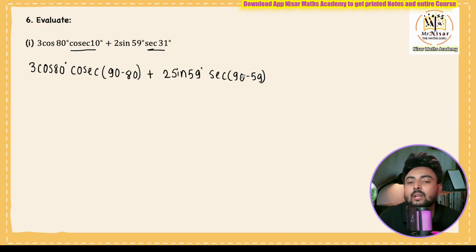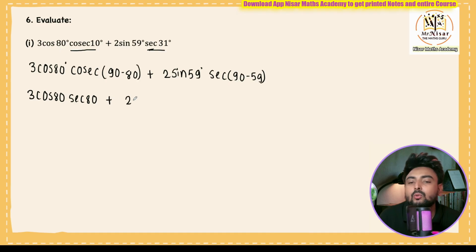Okay, you can take a hint from the neighboring term as well. So 3 cos 80, cosec 90 minus 80 becomes what? Cosec 90 minus theta is sec theta, and the value of theta here is 80.